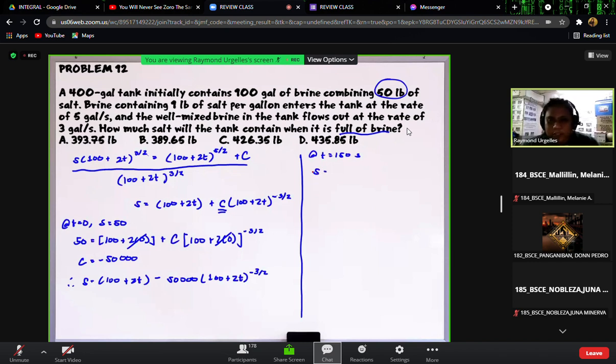So, substituting this in our equation, this will be 100 plus 2 times 150, minus 50,000, multiplied by 100 plus 2 times 150, raised to negative 3 halves. Solving for S, you will get this to be 393.75 pounds.